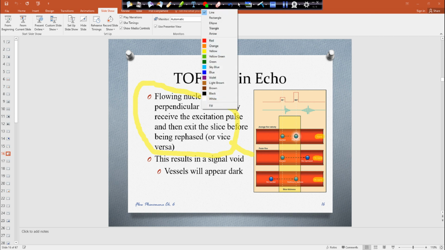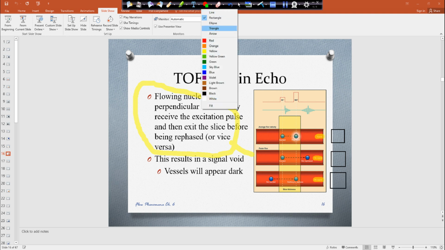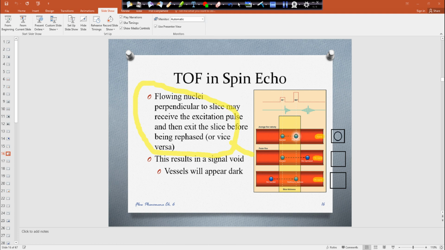So if I draw 3 boxes, so this is our vessel.